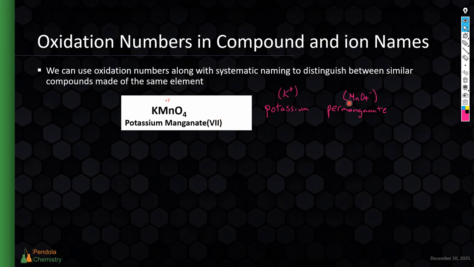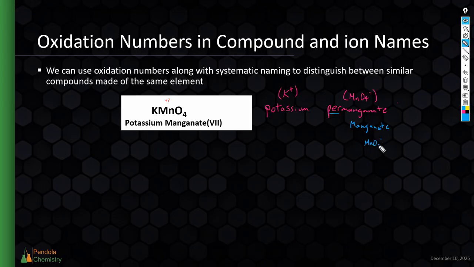So we currently use prefixes to tell between the different members of a group of oxyanions, right? So permanganate is MnO4 minus. The manganate ion without the prefix would be MnO3 minus.